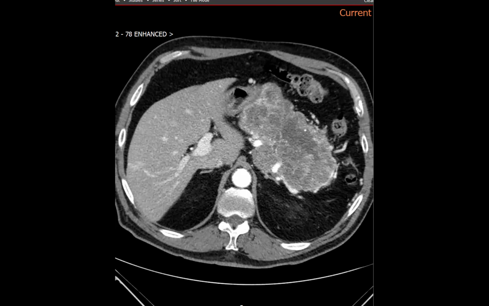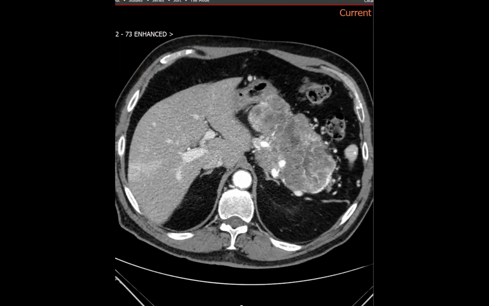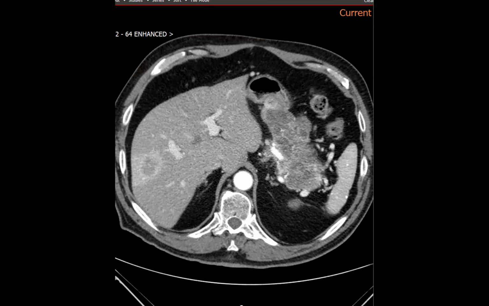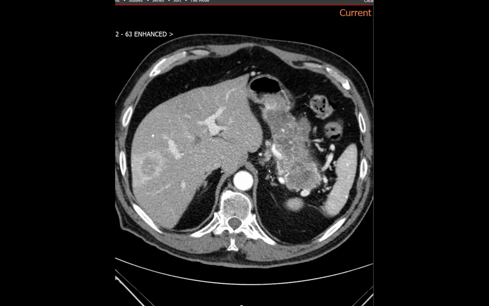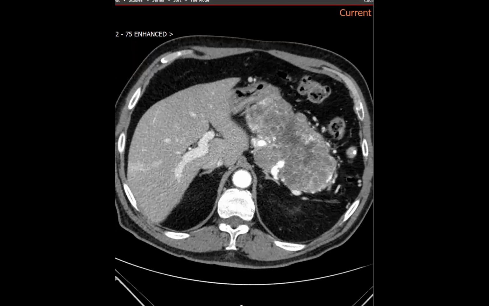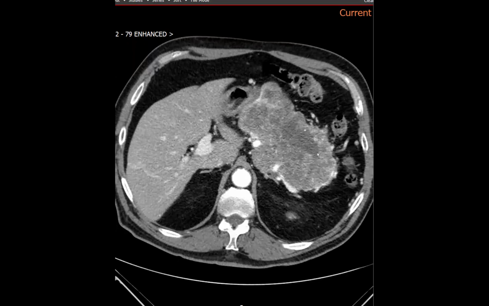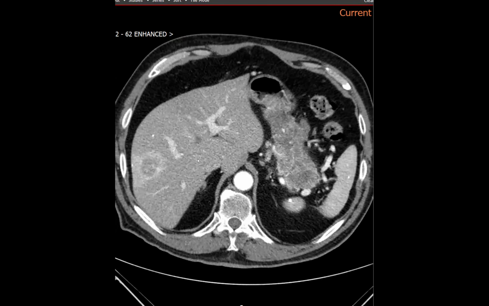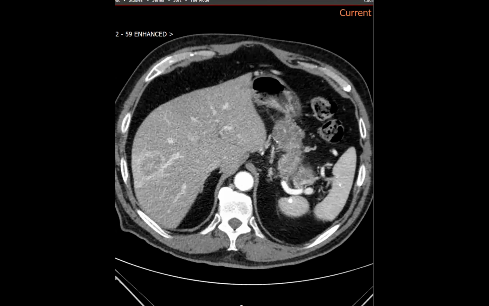Was there any evaluation of the liver lesion? Yeah, both the liver lesion as well as the pancreas were evaluated. When they took this out and did biopsy, they said serous cyst adenoma. And when they biopsied this, they said probably because this is mets from here, so it is serous cyst adenocarcinoma.